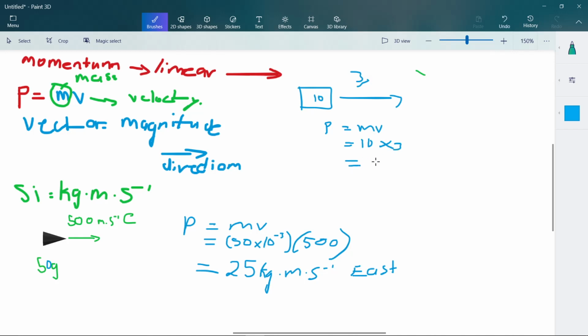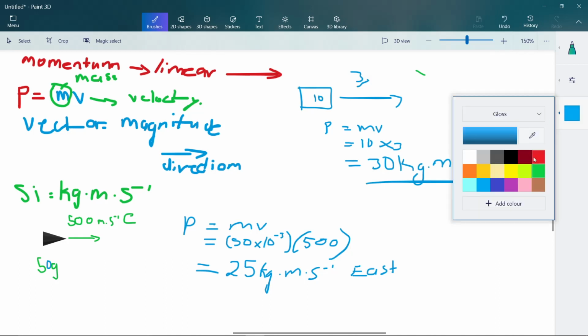The final answer will be 30 kg meters per second. So that's it about momentum.